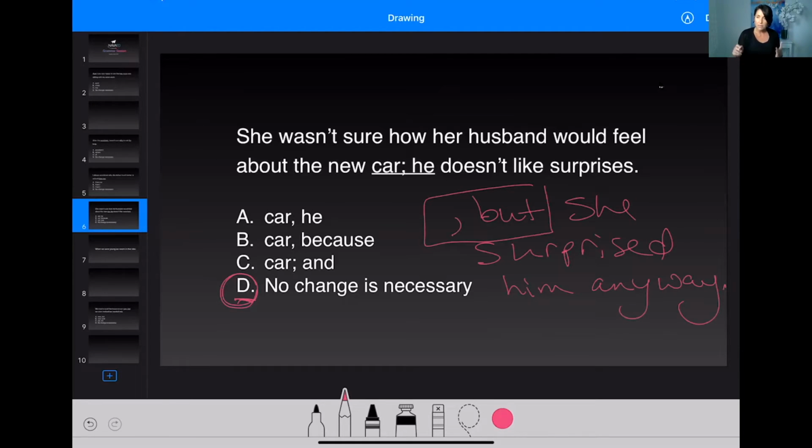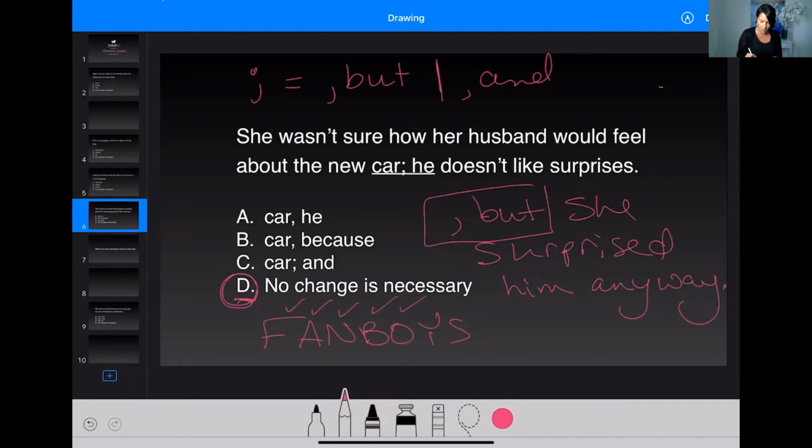But a comma plus a fanboy would work here. Just remember, a semicolon equals a comma but, and also equals a comma and, all right? Also equals a comma yet, comma so. Remember, fanboys stands for and, nor, but, or, yet, so.